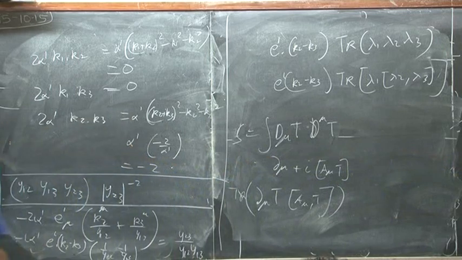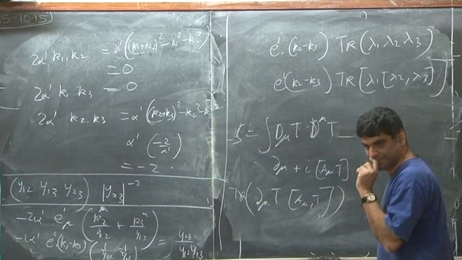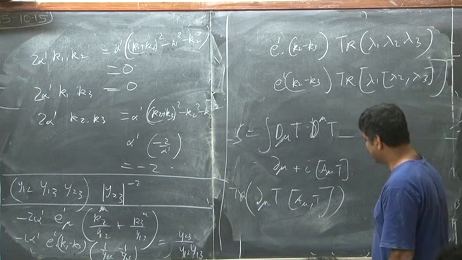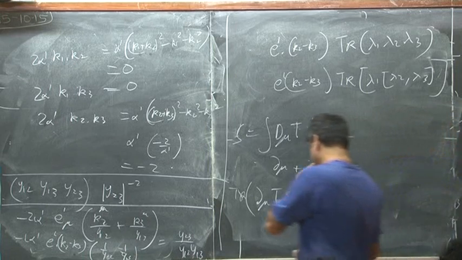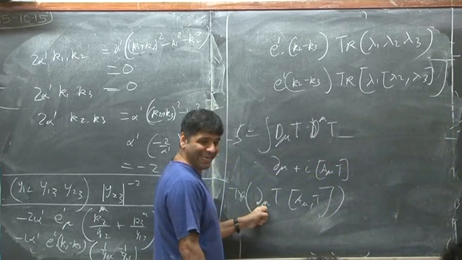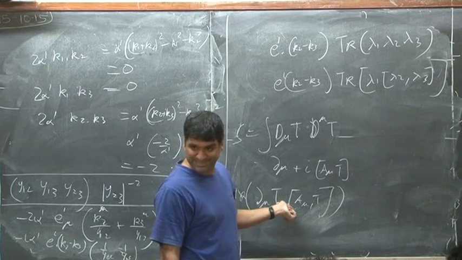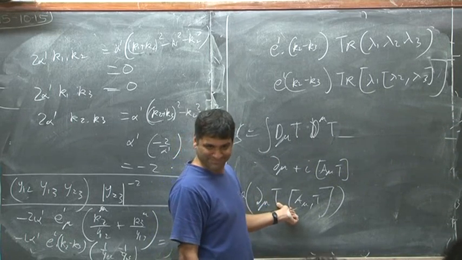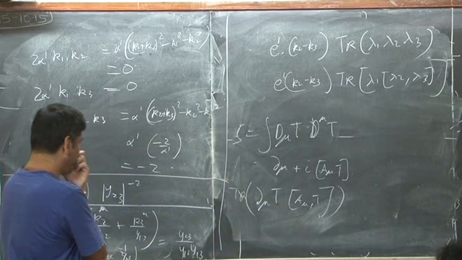Now, let's look at what we will get from it. Here we get a derivative that runs on one of the tachyons.